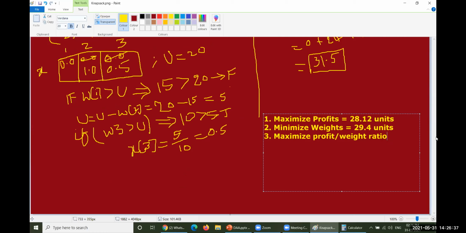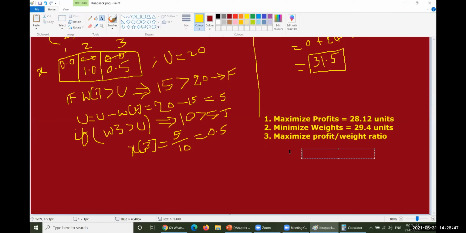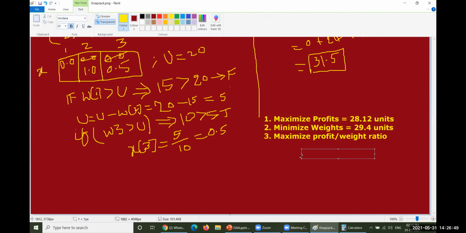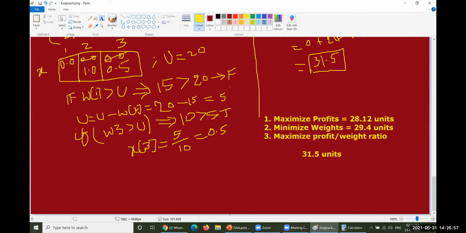The output will be 31.5 units. So which is better here? The third one, profit for weight ratio, is the better one.